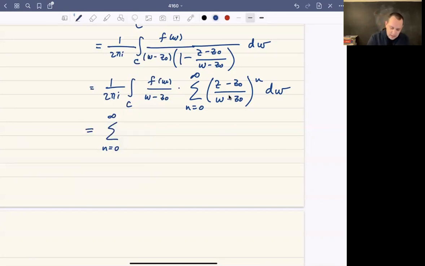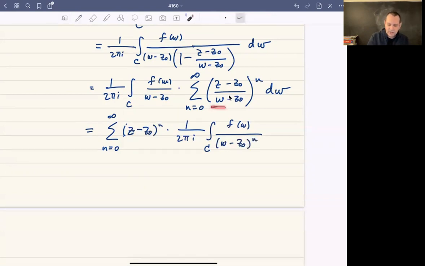So this is z minus z naught to the n times 1 over 2 pi i times the integral over c of f of w, and then we're going to have w minus z naught to the n in the denominator. But we have another w minus z naught here, so that's w minus z naught to the n plus 1. This is what we get.